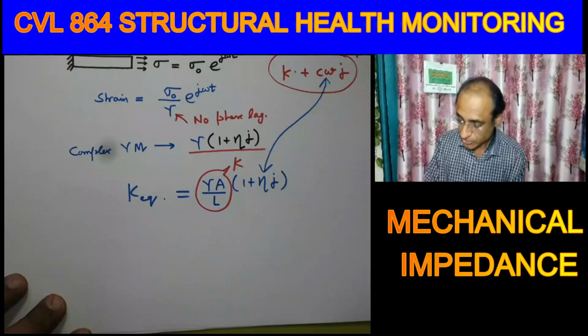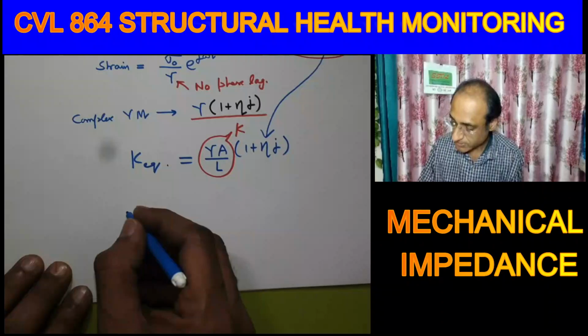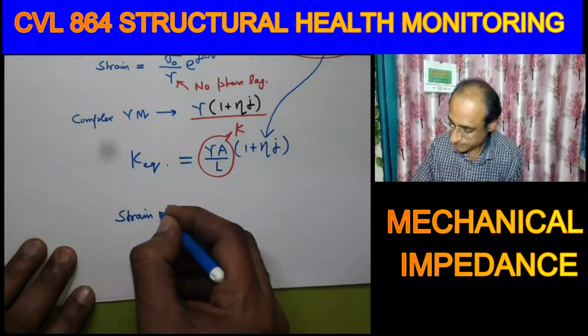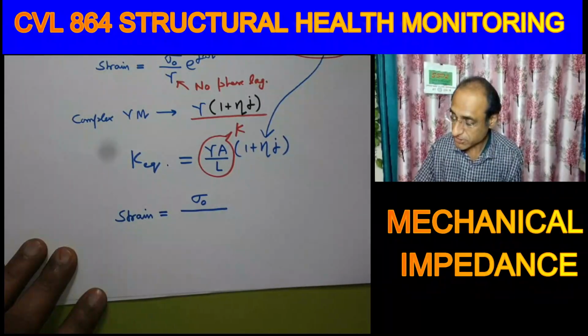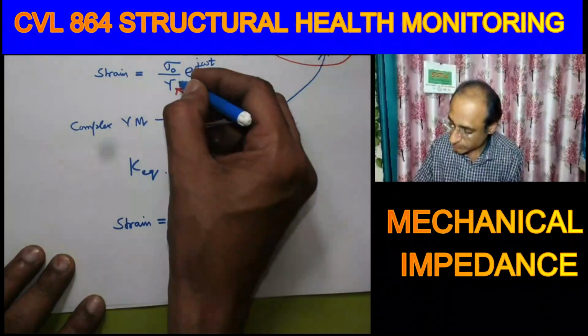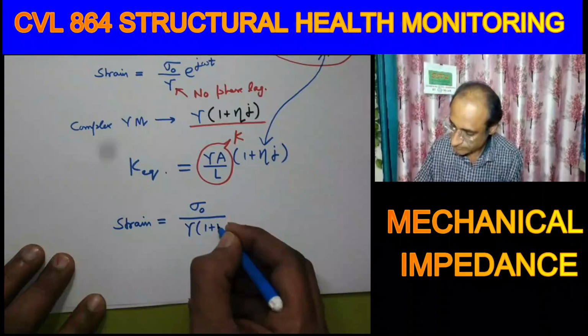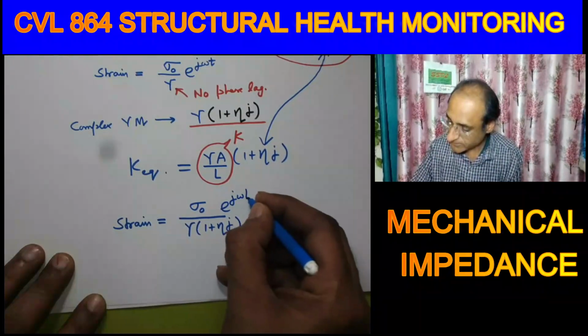Now if you want to do the same calculations, and instead of the original Young's modulus you include the complex Young's modulus, immediately you will find that there is a phase lag.